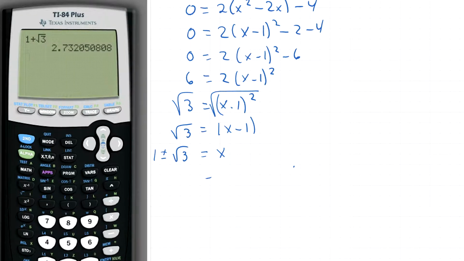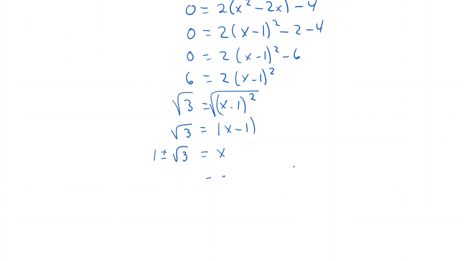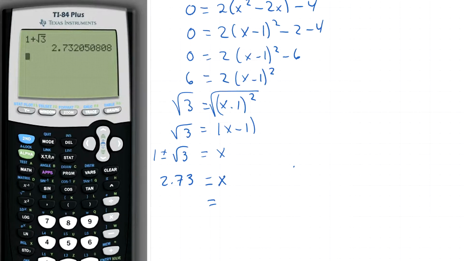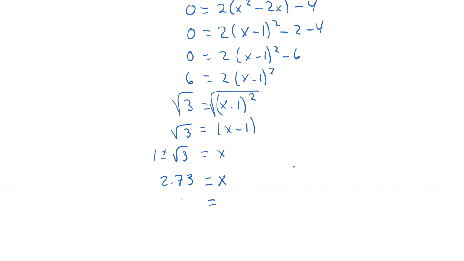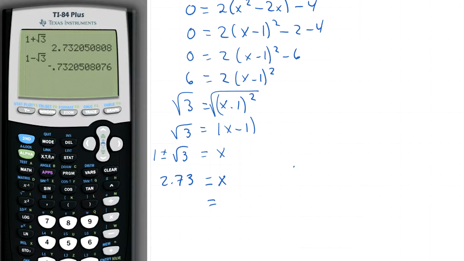So we get, looks like 2.73. So x equals 2.73, and we're just going to round. And then if I do 1 minus the square root of 3, that's going to be negative 0.73.